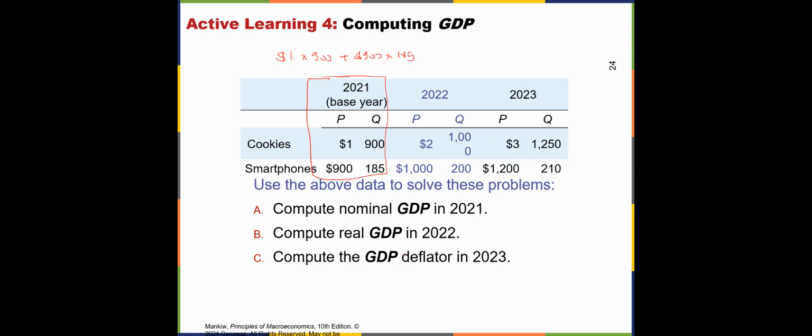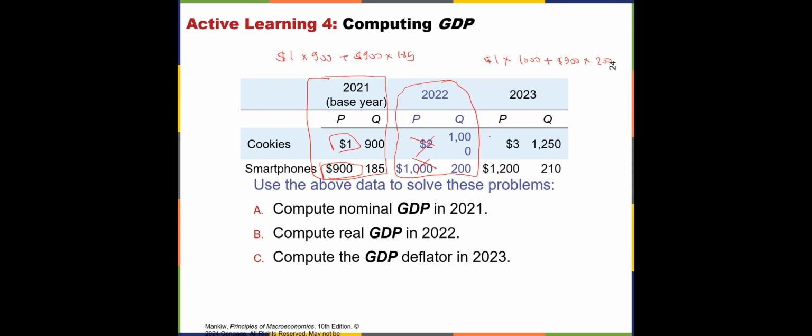So let's calculate real GDP in 2022. If I want to calculate the real GDP for 2022, I'm not using these prices. I'm using the base year prices. Therefore, it's going to be $1 times 1,000, the quantities from 2022, plus $900 times 200.